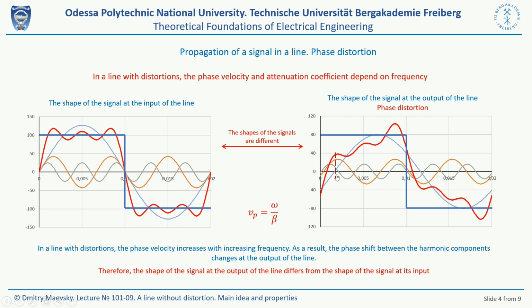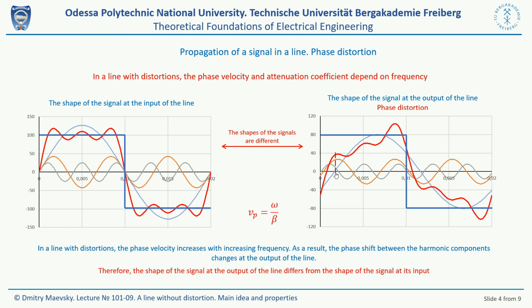This time will be shorter the higher the phase velocity of the signal, which is directly proportional to the frequency. Therefore, we can say that the zero phases of the fifth harmonic signal will reach the end of the line earlier than the zero phases of the third harmonic signal. The first harmonic will arrive at the finish last.